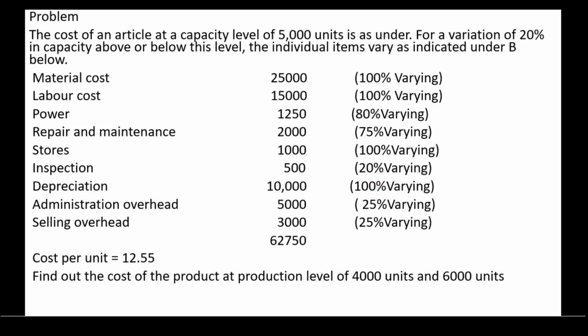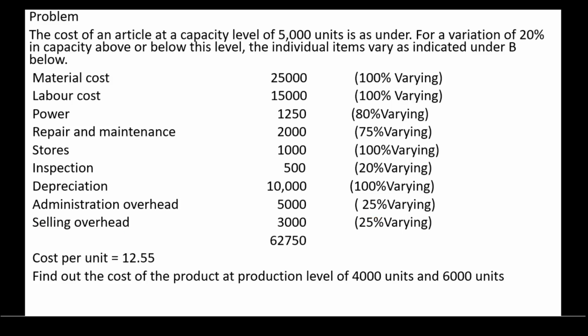Depreciation is 10,000 rupees, and this whole amount is 100% varying. Administration overhead is 5,000 rupees, of which 25% is varying and the remaining 75% is treated as fixed.